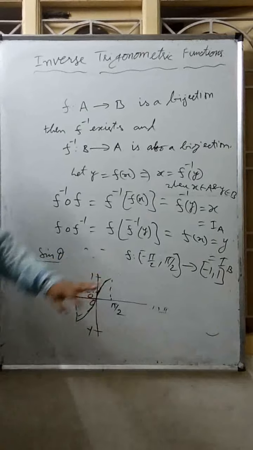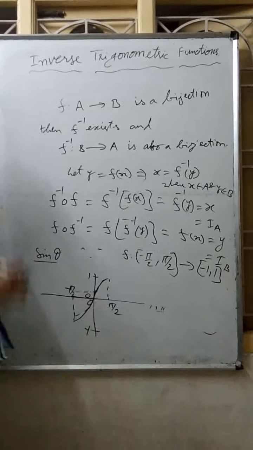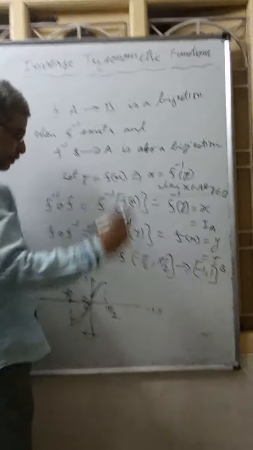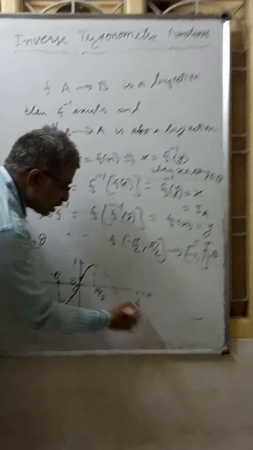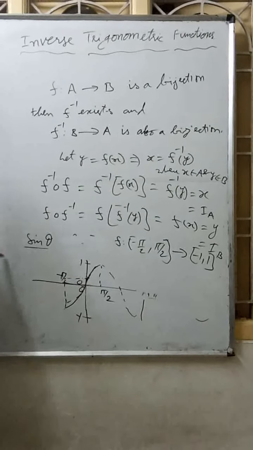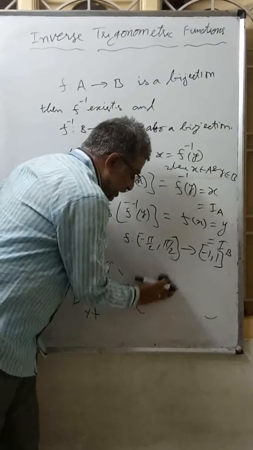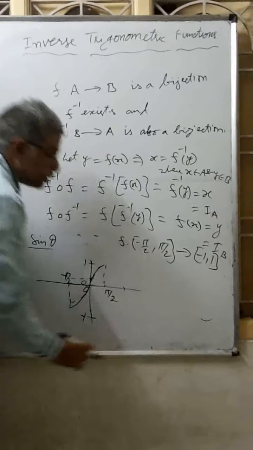So to make it 1-1 and onto, we are changing the domain and the range. So the inverse exists, and the domain can be -π/2 to +π/2 or π/2 to 3π/2, like this. Here also the same. If I extend this, -π/2 to -3π/2, you can extend the domains like this, but in those domains you should take it 1-1 and onto.